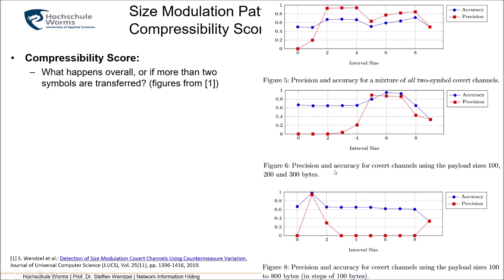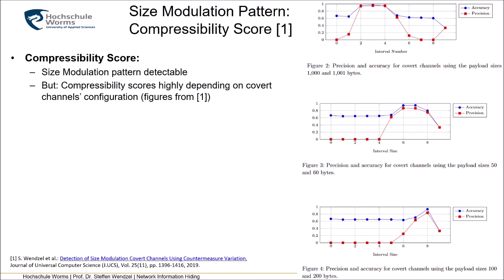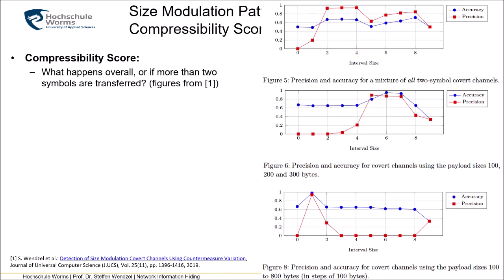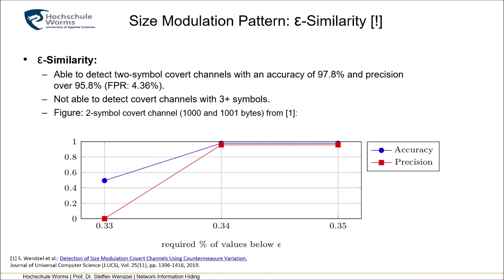So overall, this leads to the problem that it's not feasible to apply just one threshold, because if you want to detect all these channels, then you need to apply many thresholds. When we used the Epsilon-Similarity, it worked rather nicely for 2 simple covert channels, but we couldn't detect those with 3 symbols.